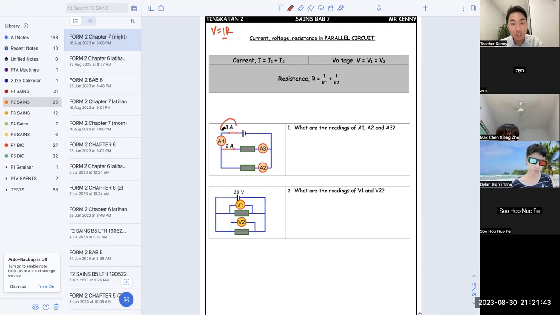So how much is it? 3A. A1 is taking fresh from the battery. But if 2A enters here, my A3 will have a 2 ampere reading. A2 will have the remaining 1 ampere reading. Understand?